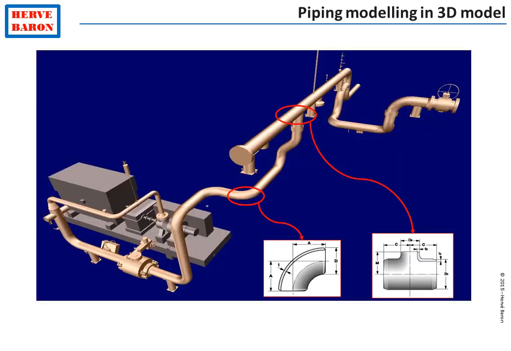Modeling of lines in 3D models is done from a catalog, picking the various piping items from this catalog. Piping items are standardized. That means that their dimensions are defined by codes, so they are the same from one project to the other, so that generic catalogs can be prepared and used.